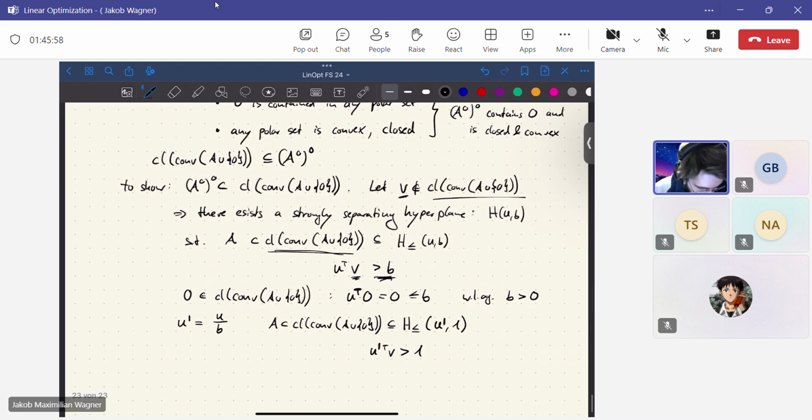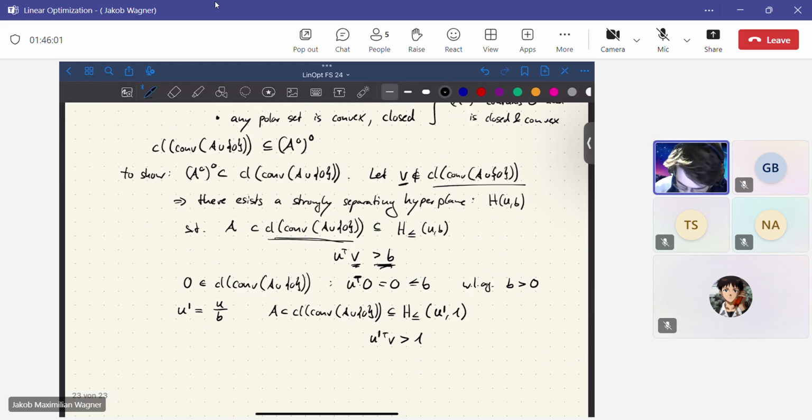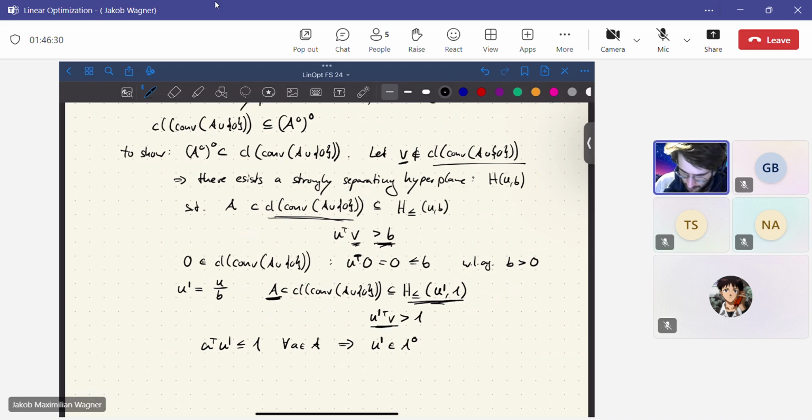Okay. Now, what does this mean? This means that all points in our set A, if we calculate A transpose U prime, satisfy that this inner product is less or equal than 1 for all A in A. And from this, we get that U prime is in the polar set of A. But we have here that U prime transpose V is greater than 1.